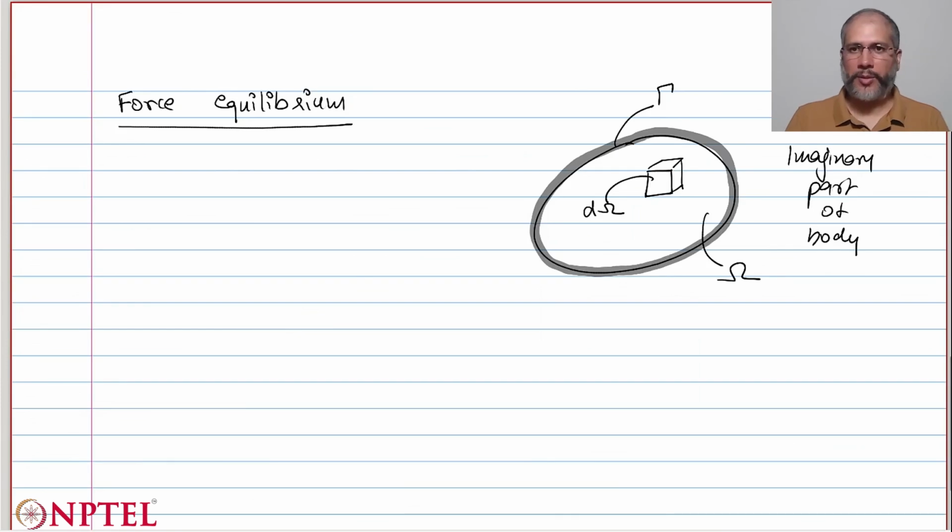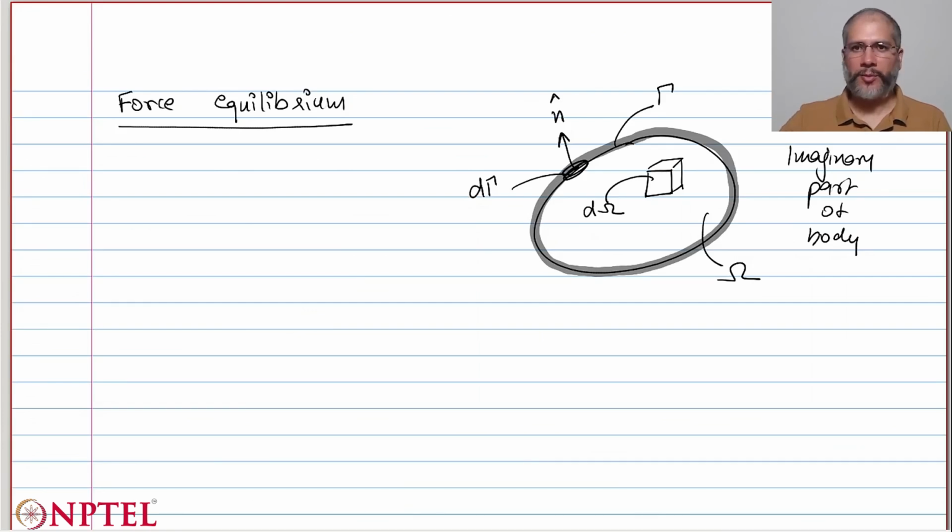And if I talk about infinitesimal surface areas on the surface of the body, then I could call this a d gamma. And since surfaces have to be denoted using a unit normal, I call this a unit normal n hat. So with this understanding, let's write the force equilibrium equation on this part of the body.